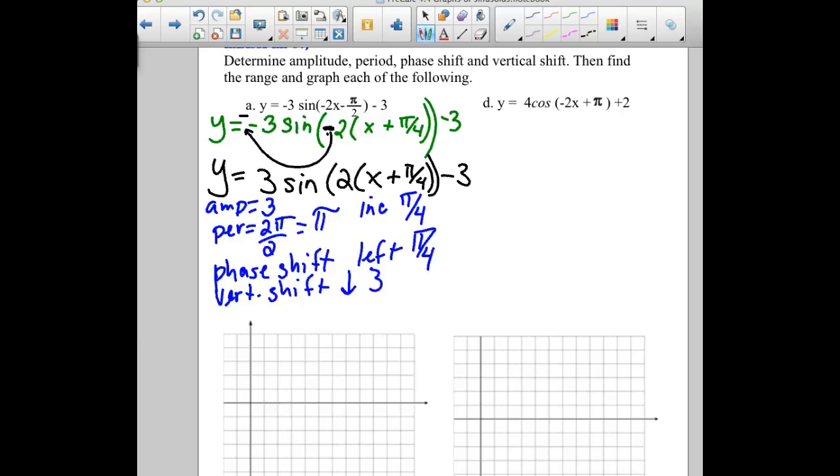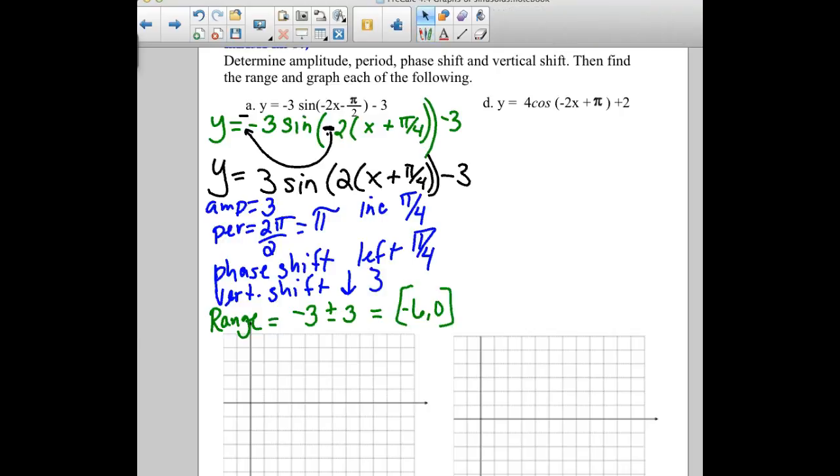Okay. So take a minute, figure out your range. All right. Are you getting a range of -6 to 0? Good.